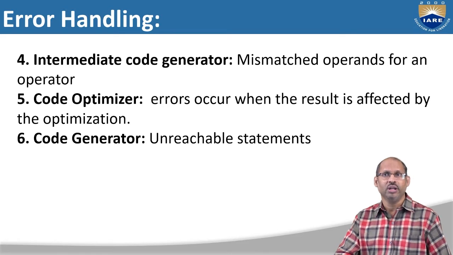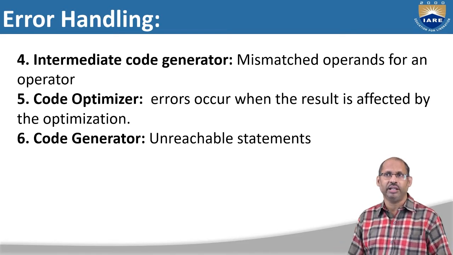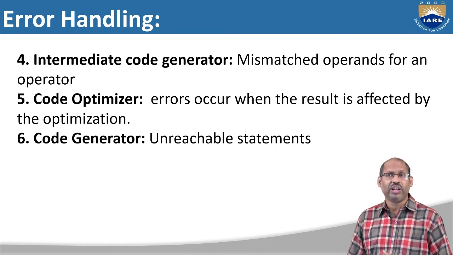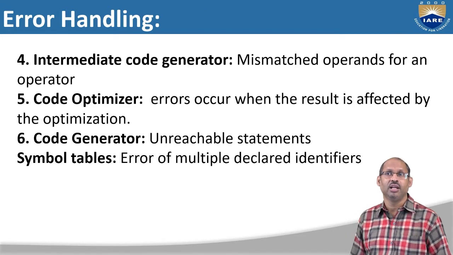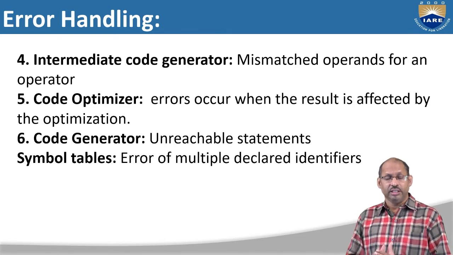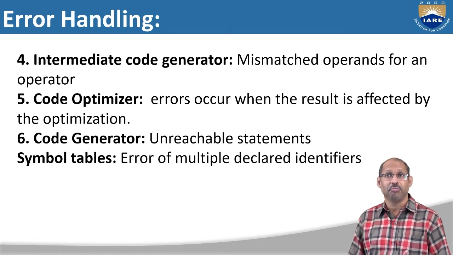Then the code generator. If there are any unreachable statements, the code generator gives error messages. The code is syntactically correct and meaningfully correct, but the flow of control while executing will not reach those statements.